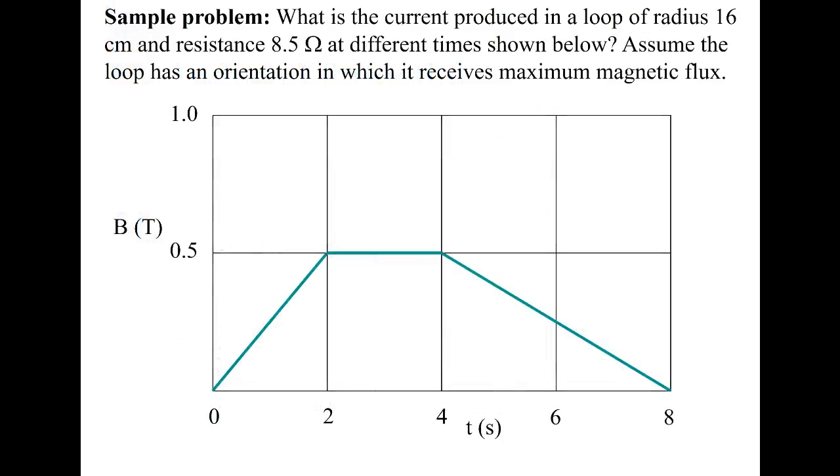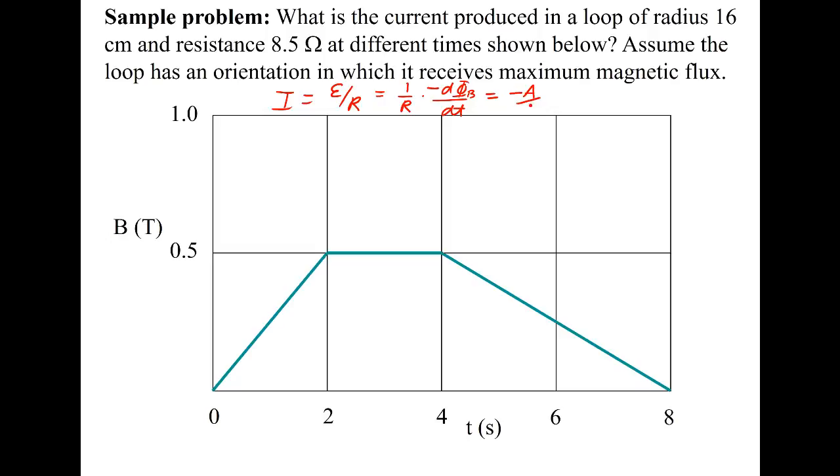So we have a loop of radius 16 centimeters and resistance 8.5 ohms, and we want to find the current that's produced at different times below. So we'll write out some of our thoughts. I is going to be equal to EMF over resistance, which is 1 over R times negative d flux dt. In this case, it looks like it's the area which is constant, so we can pull that out.